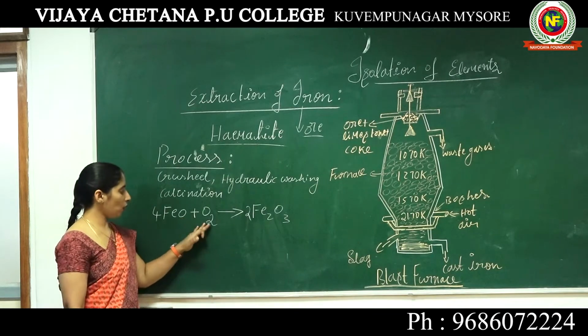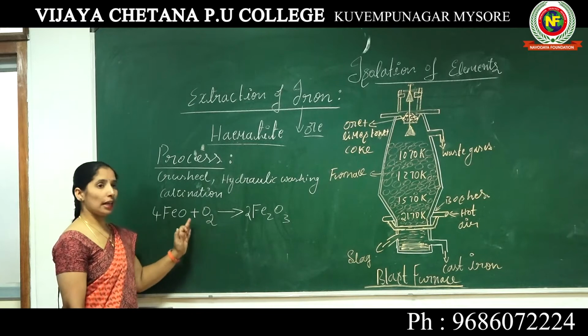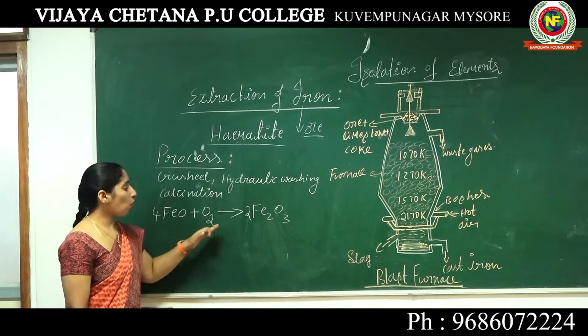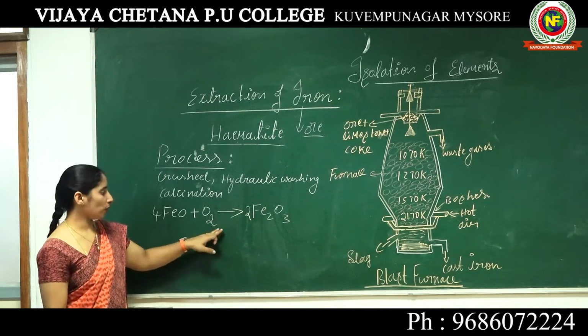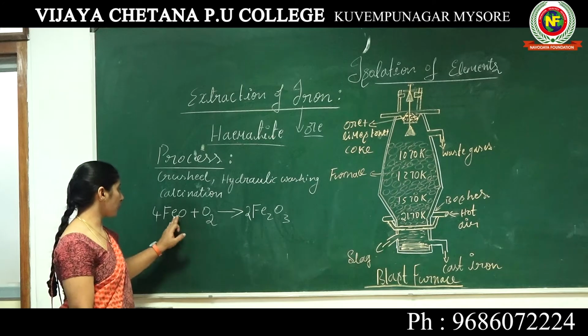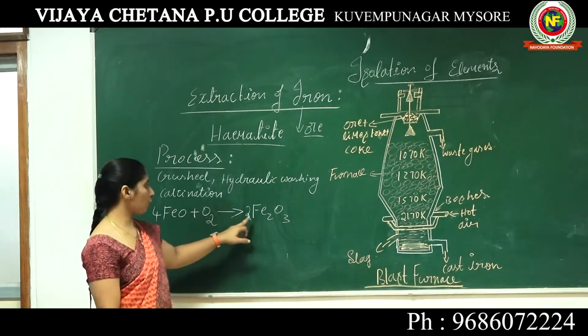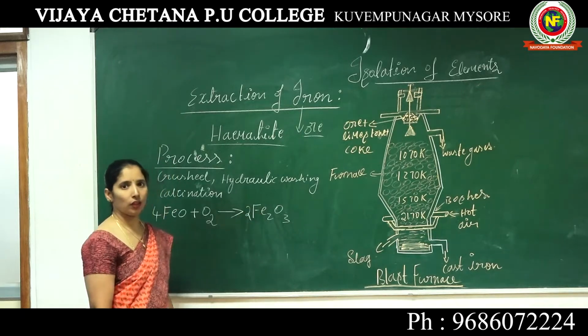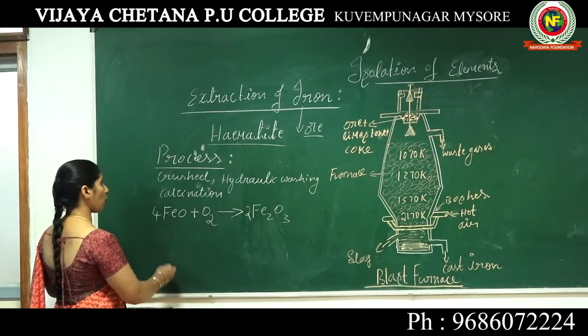Volatile materials get oxidized to form their volatile compounds. If ferrous oxide is present in the ore, it gets oxidized to form ferric oxide. So this is the first step, the process.